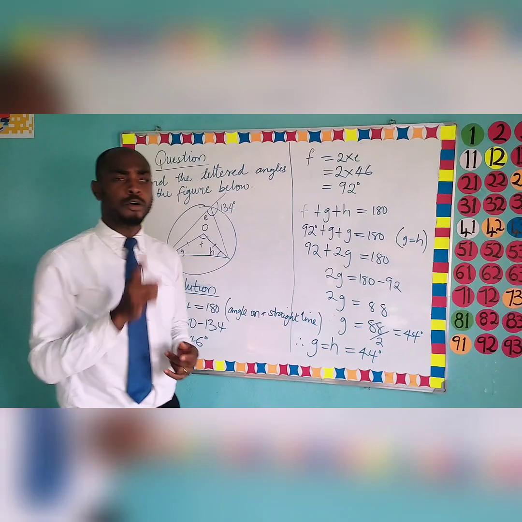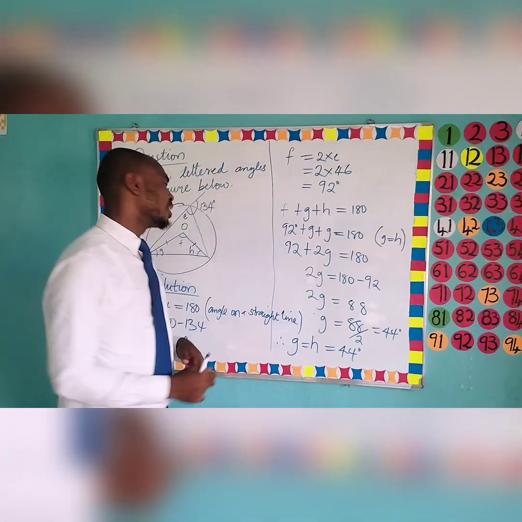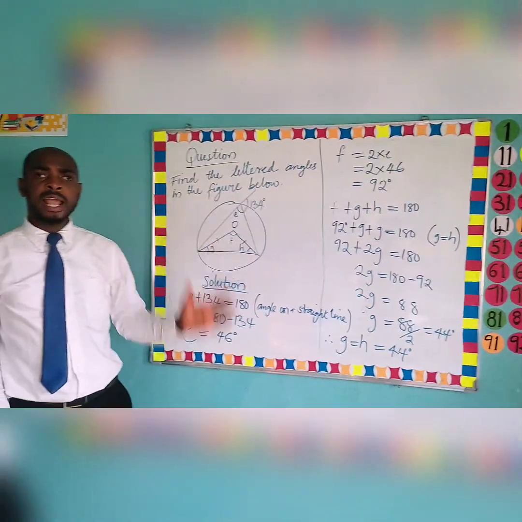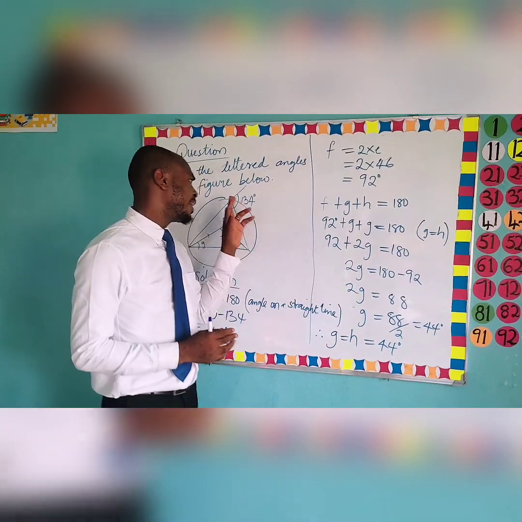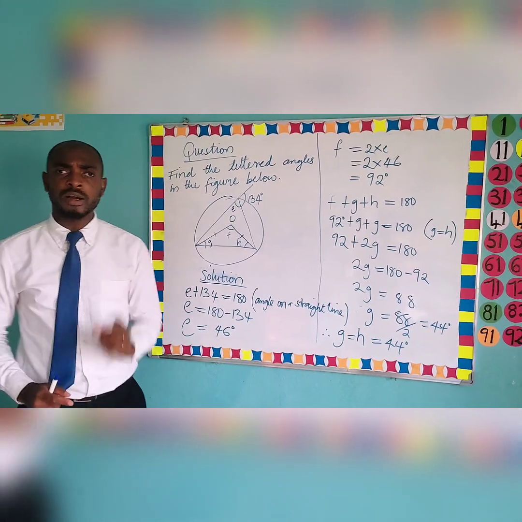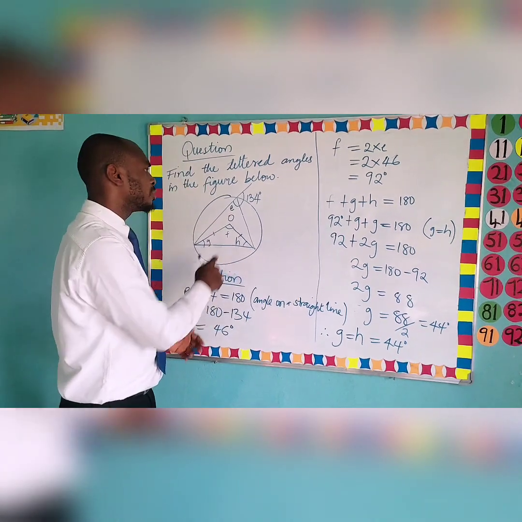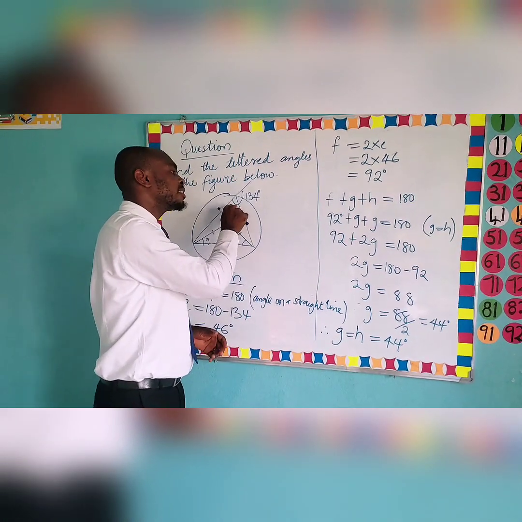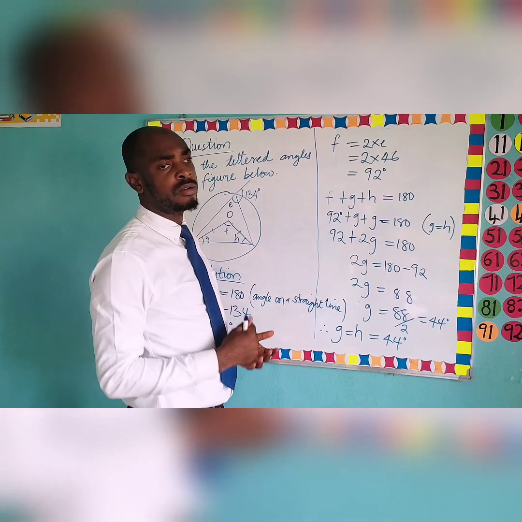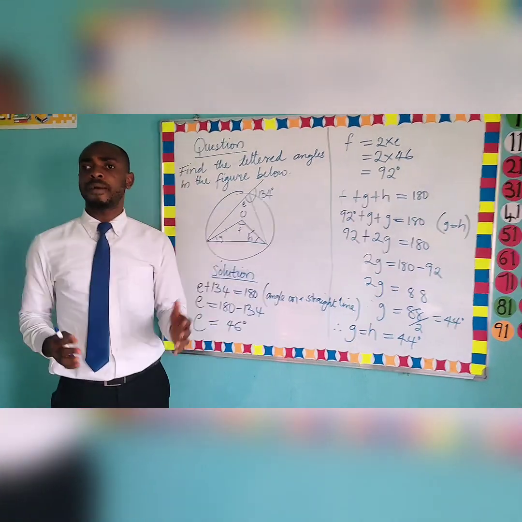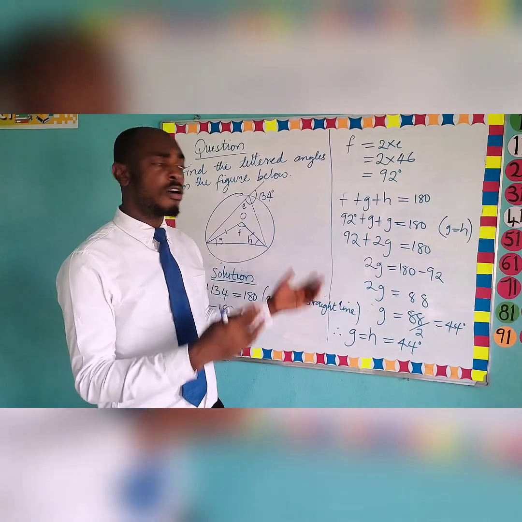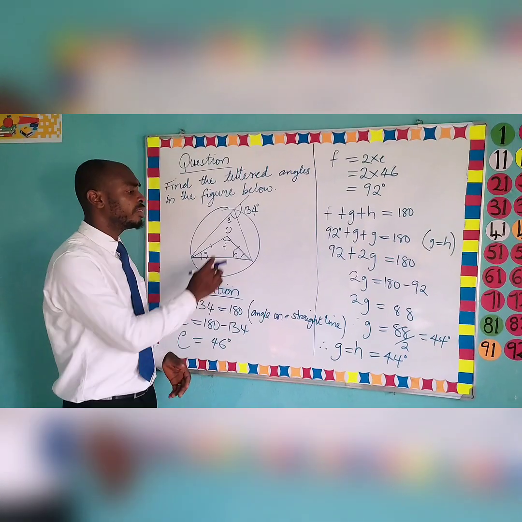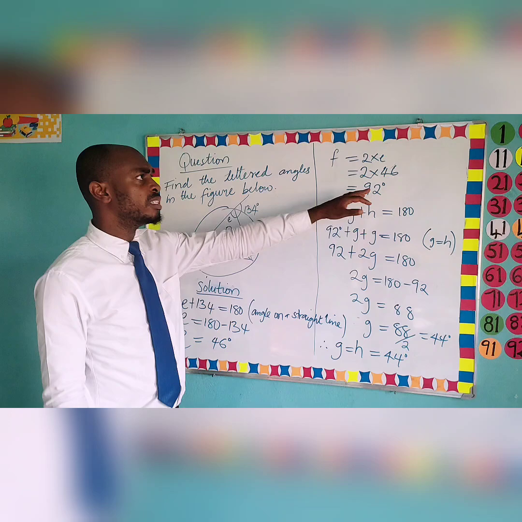One of the rules to take into consideration is, first, the sum of angles on a straight line equals 180 degrees. Secondly, the angle subtended at the circumference of a circle, when multiplied by 2, will give you the angle subtended at the center of that same circle. With this, the value of A is easier to get.